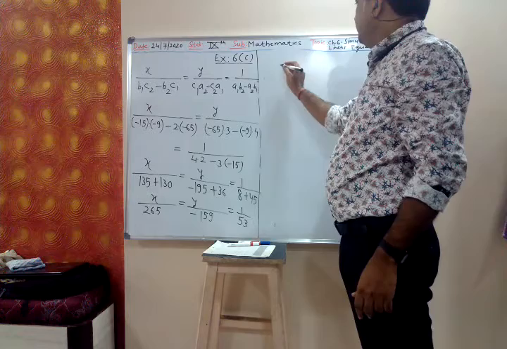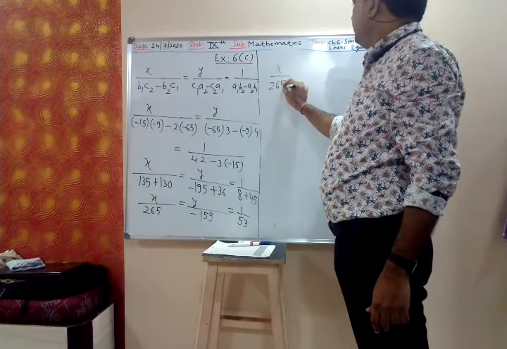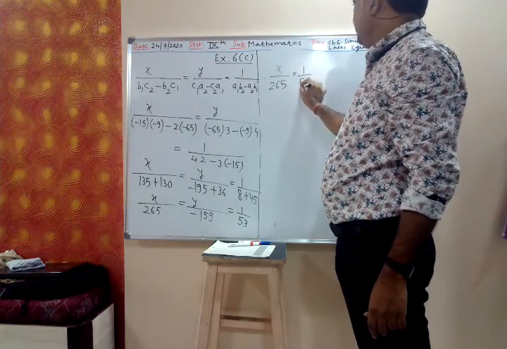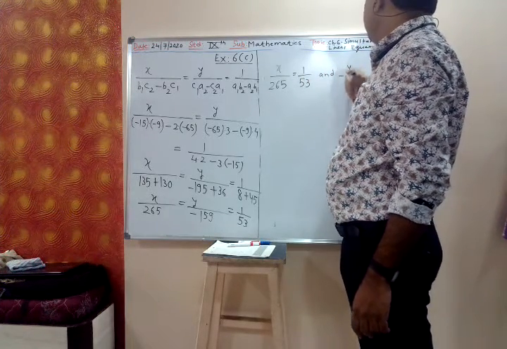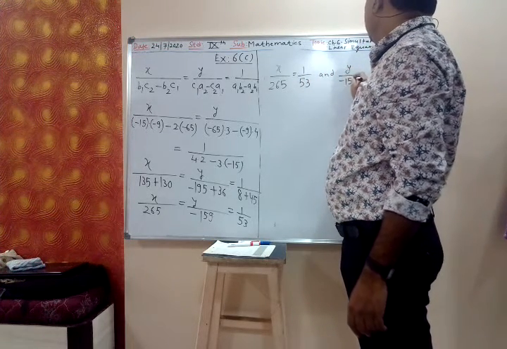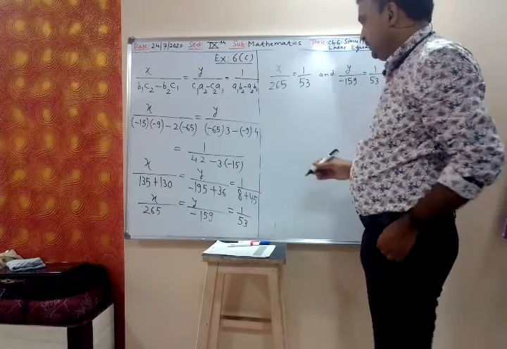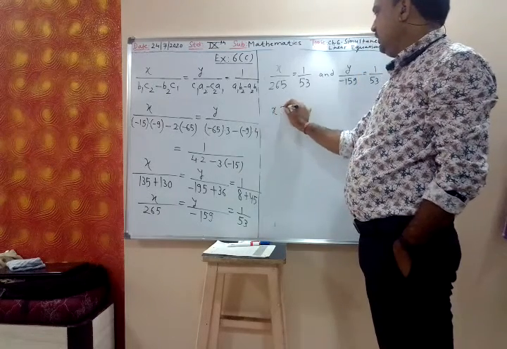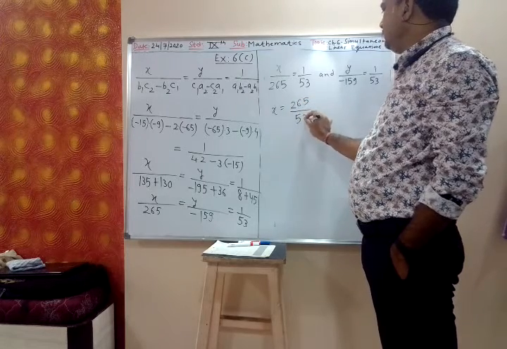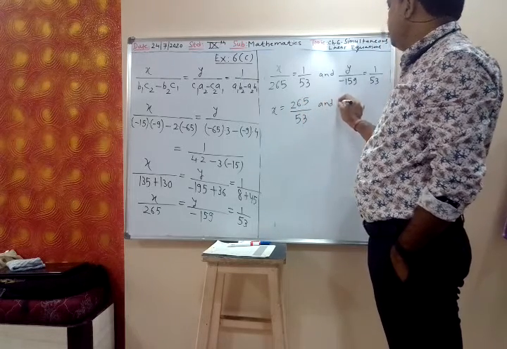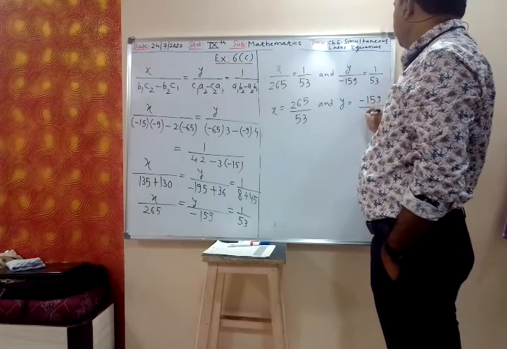So x upon 265 is equal to 1 upon 53 and y upon minus 159 is equal to 1 upon 53. So wait, 265 upon 53, yes, and y is equal to minus 159. Very good.